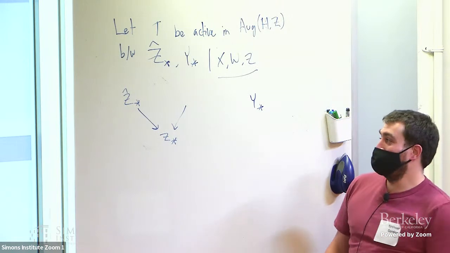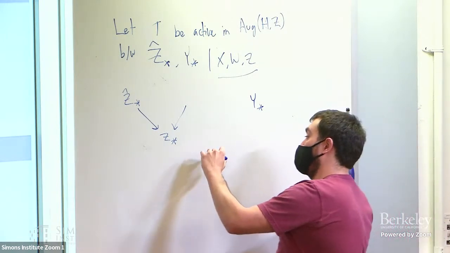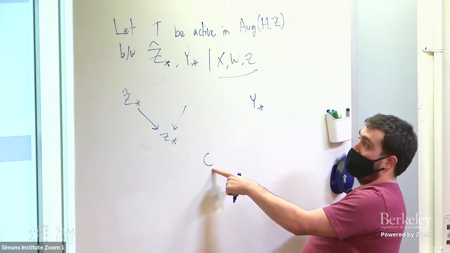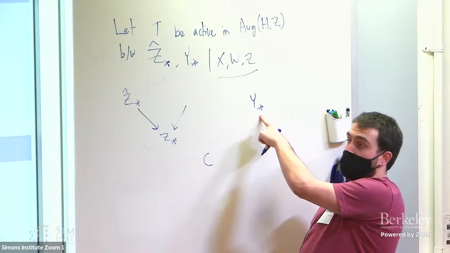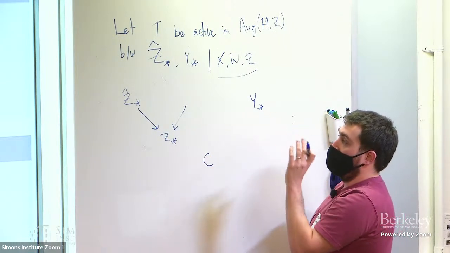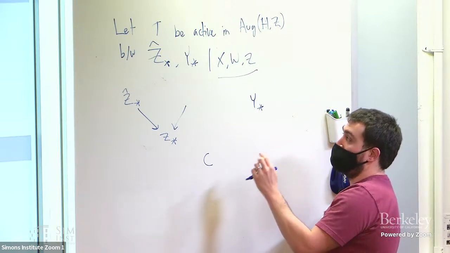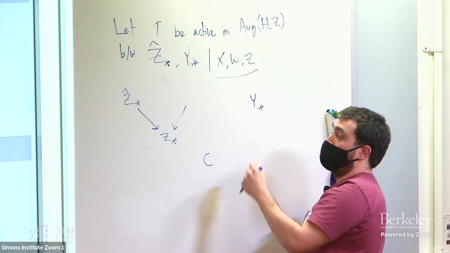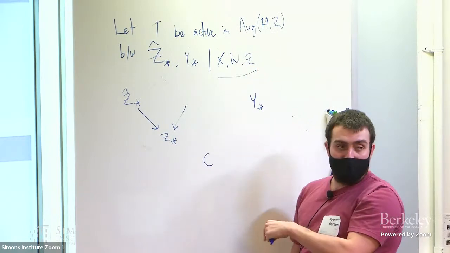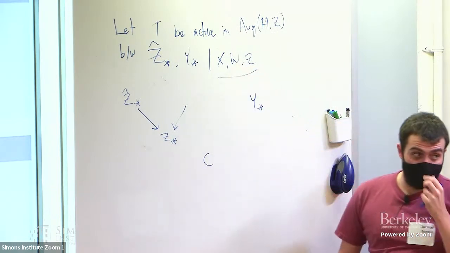So that's a mouthful. What I want to consider is the collider on this trail nearest to Y star, satisfying the additional criterion that it has a descendant in Z that doesn't get reached by going through an X or W vertex.